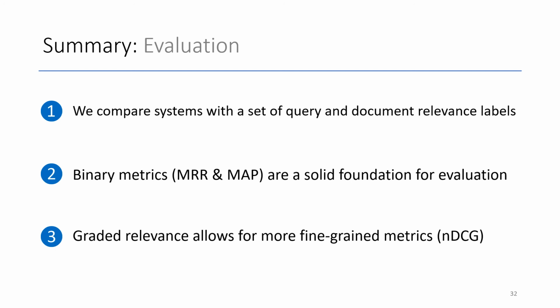Then we have binary metrics, namely MRR and MAP, that are a solid foundation for evaluation, especially because binary labels are easier to create. And on top of that, we have graded relevance labels that allow us to do more fine-grained metrics via the nDCG metric, for example.